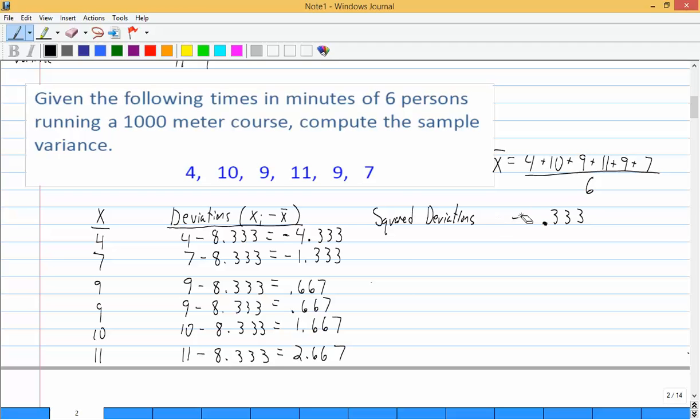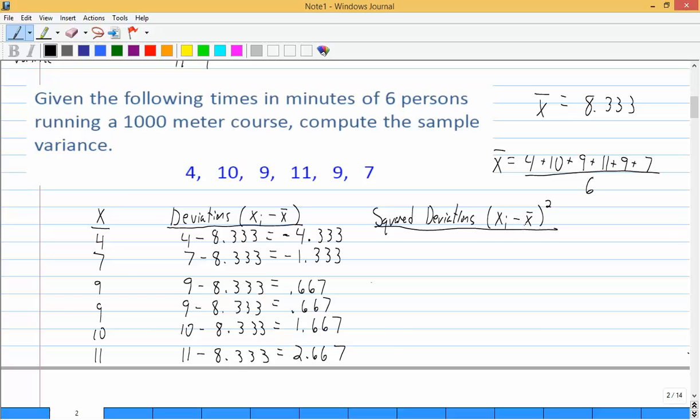Okay, I'll rewrite this back up here. Now, the squared deviations, that's going to be x sub i minus x bar squared. Sometimes when I'm doing these problems, if I'm working them out by hand, I won't write the words, I'll just write the symbols to tell me what I'm doing.